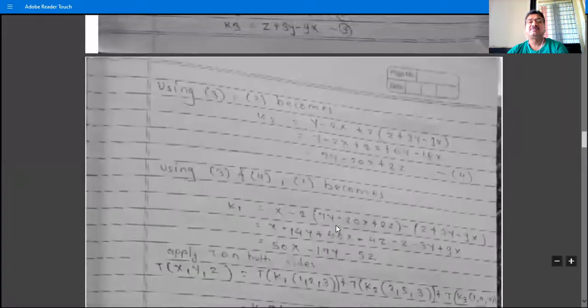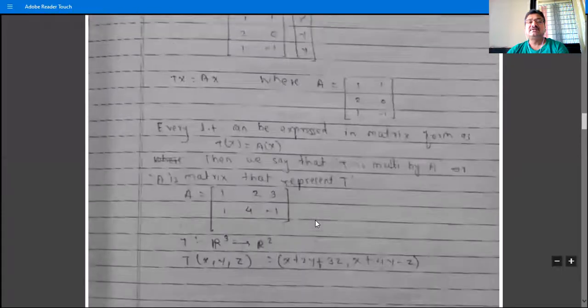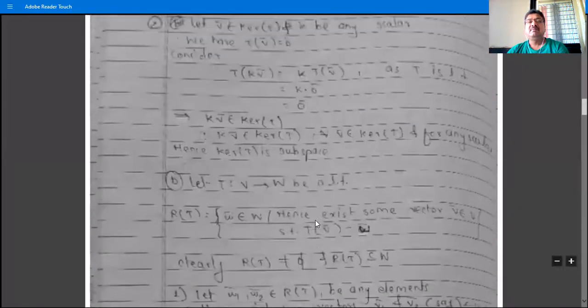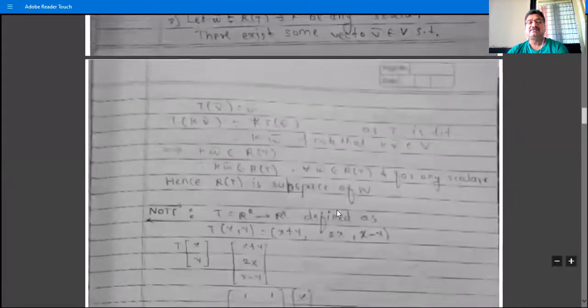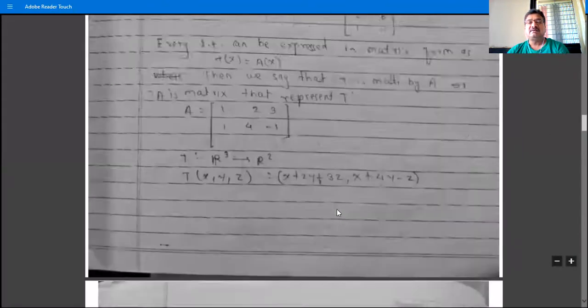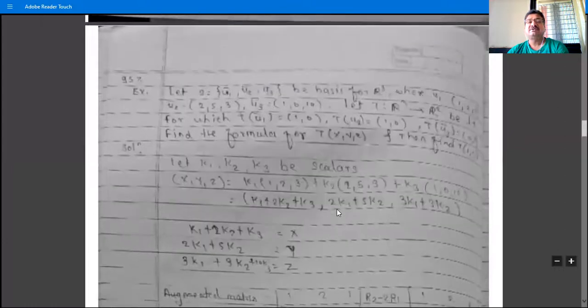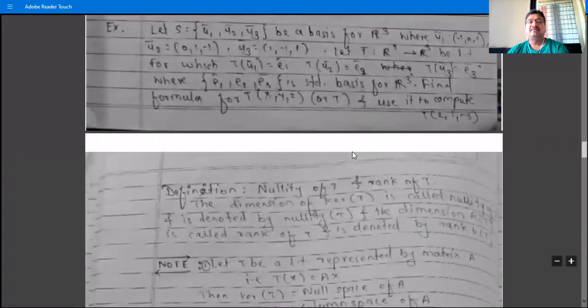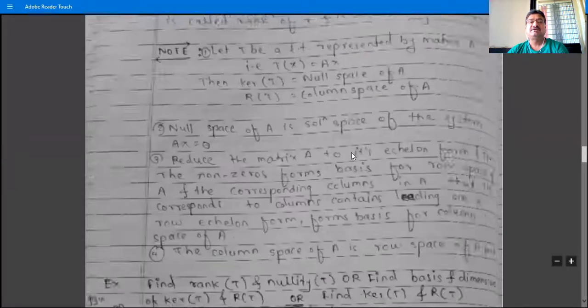So in some examples, the formula is not given. The images of the standard basis, or images of some basis, are given, and now we have to find the formula, and then find the basis and dimension of the kernel of T and range of T.